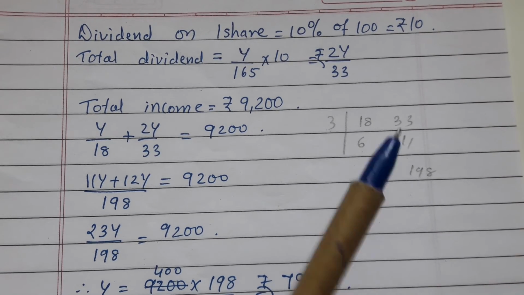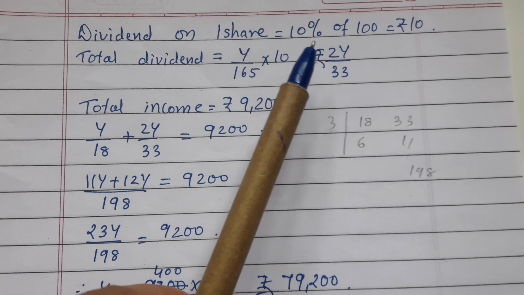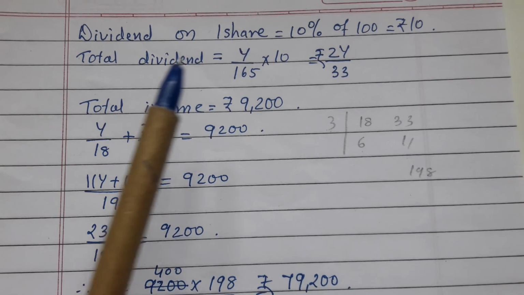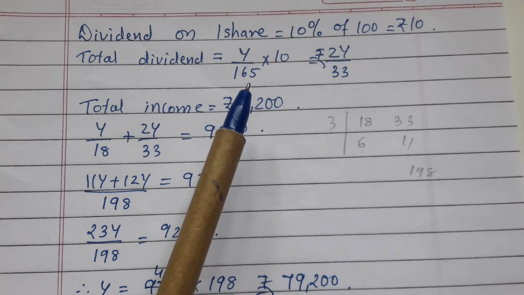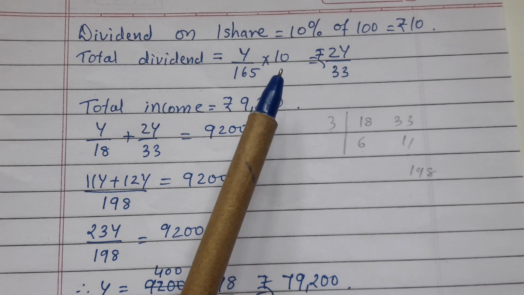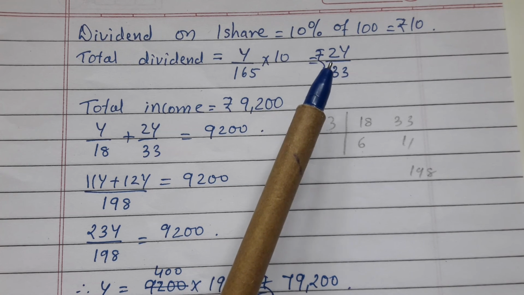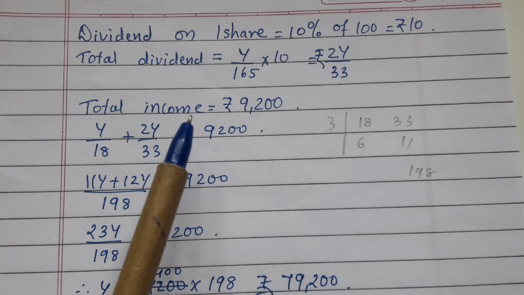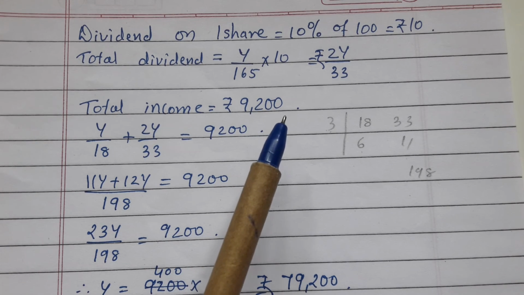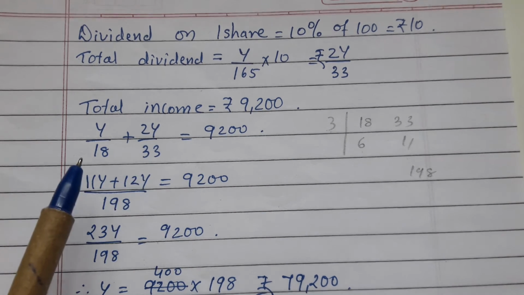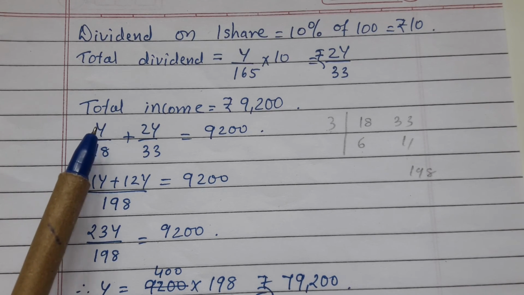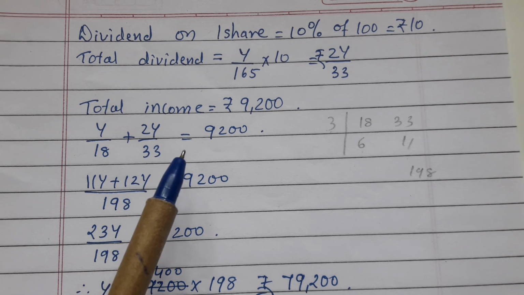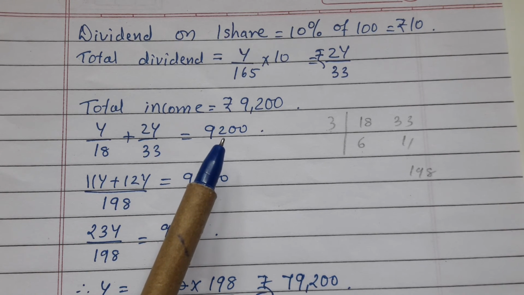Dividend on one share is equal to 10% of 100, rupees 10. Total dividend Y upon 165 into 10, that is equal to rupees 2Y upon 33. Total income rupees 9,200. First dividend is Y upon 18, second 2Y upon 33, is equal to 9,200.